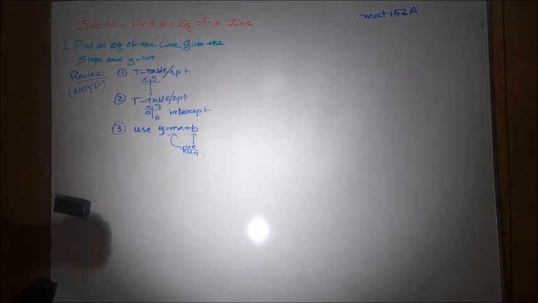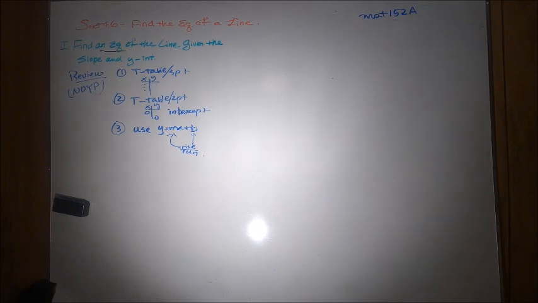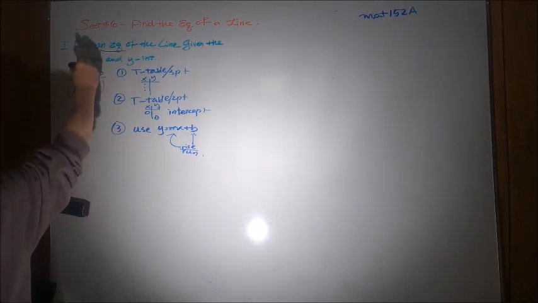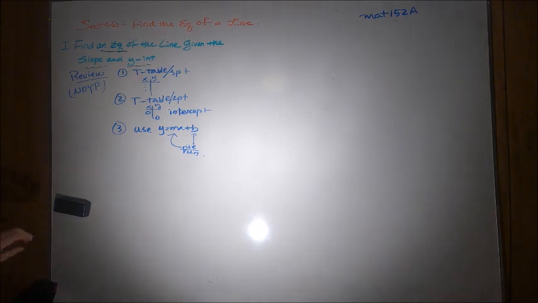We are going to write an equation, okay? We are going to write an equation, and when we are given slope and y-intercept, that's first. Then we use other ways to write the equations as well, okay?